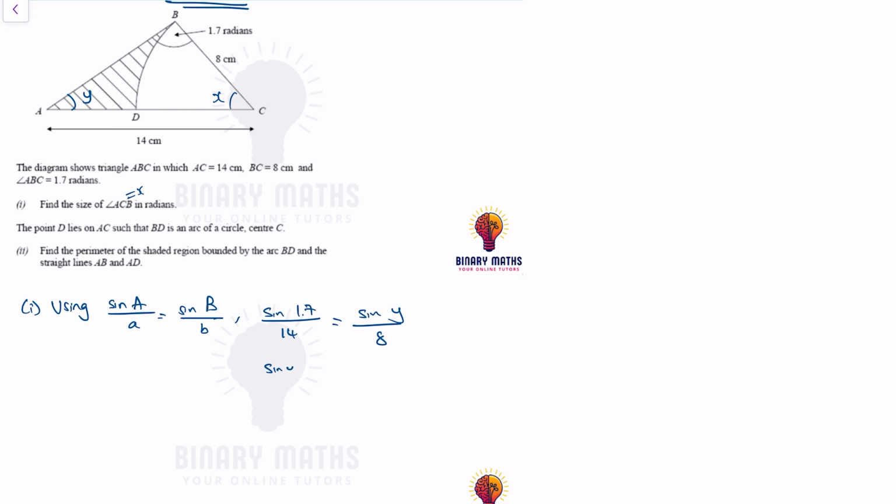Which means sine of y is equal to sine 1.7 over 14 times 8, which means sine of y is equal to 0.56666. Y is equal to inverse sine of 0.56666, which gives me a value of 0.6024.